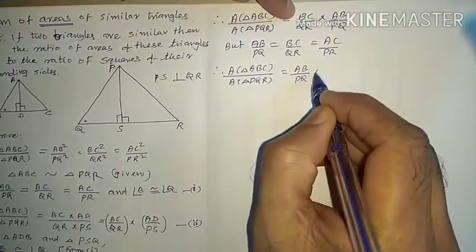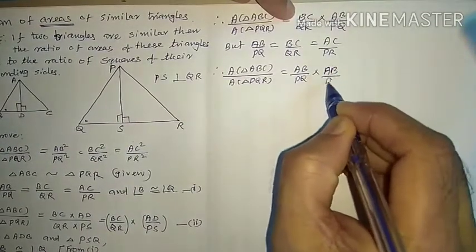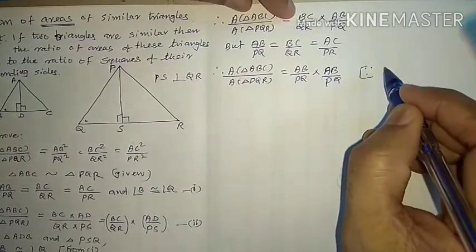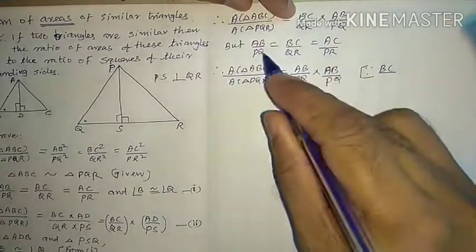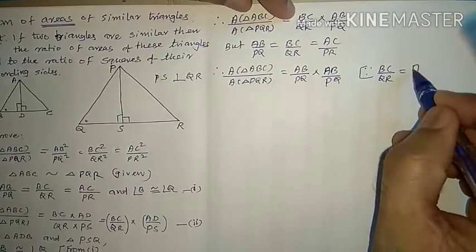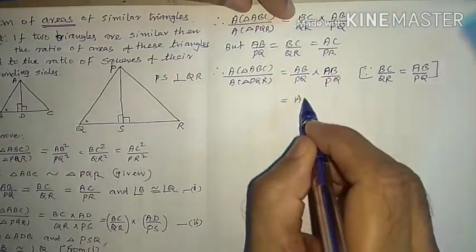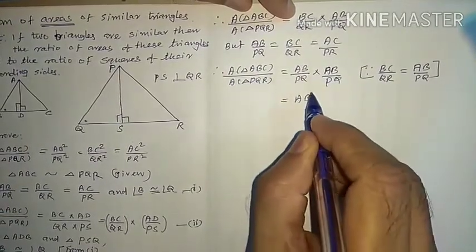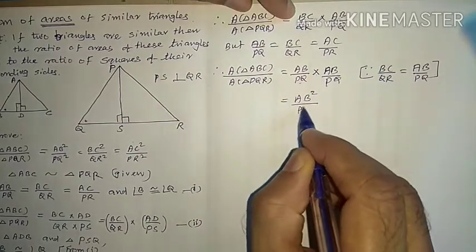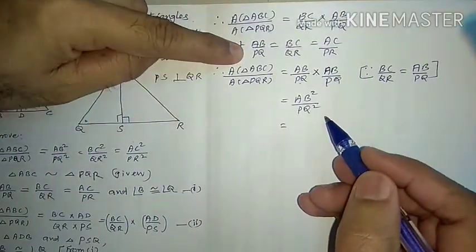AB upon PQ into this AB upon PQ. Give the reason, since BC upon QR equal to this AB upon PQ. It is AB into AB, AB square upon PQ into PQ, PQ square. Now we go for this again.